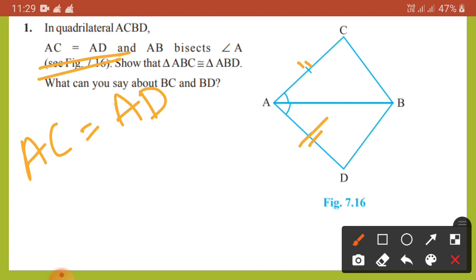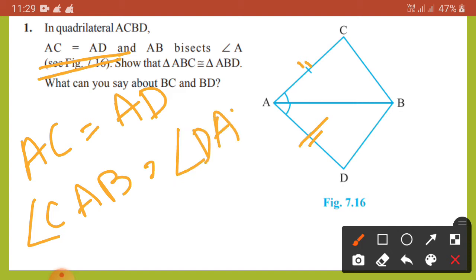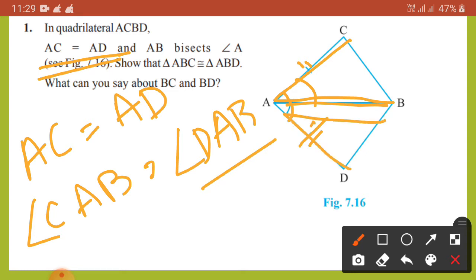And angle CAB equals angle DAB, as AB divides angle A into two parts. One is CAB, that means this part, another one is DAB, that means this part. So we can write that angle CAB equals angle DAB. And AB is the common side in both of the triangles.